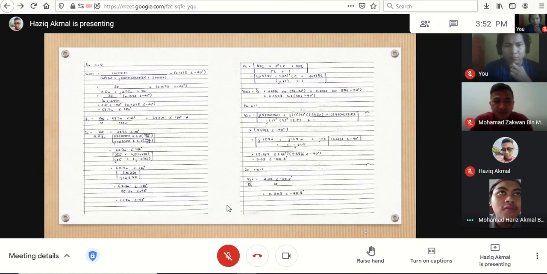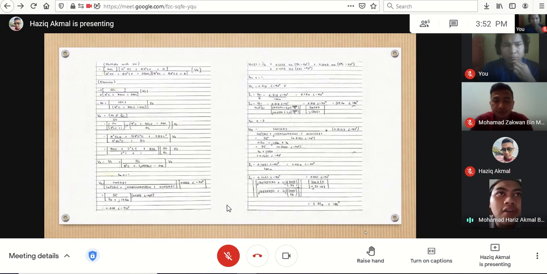And for VO5, n equal to 5, we get 63.7 milli angle 180 degree. For every VO, when n equal to 1, 3 and 5, we also need to calculate the current for I1 and I2.